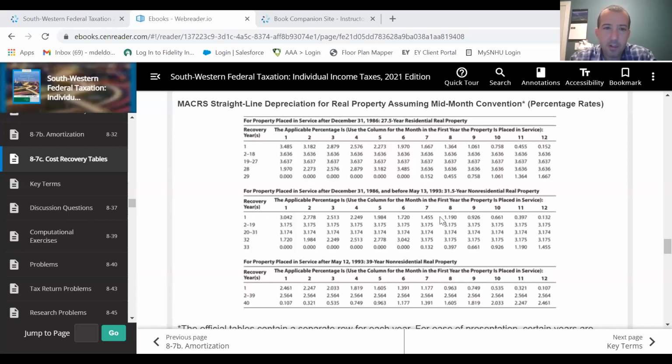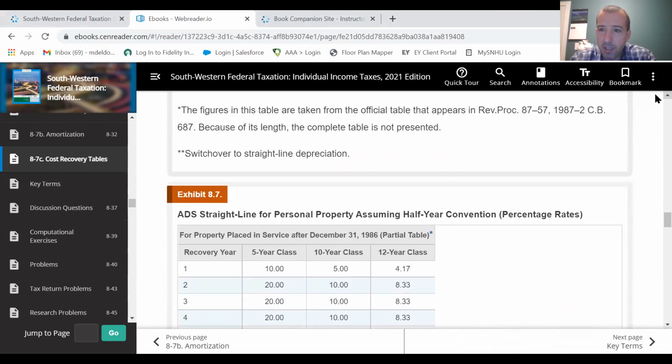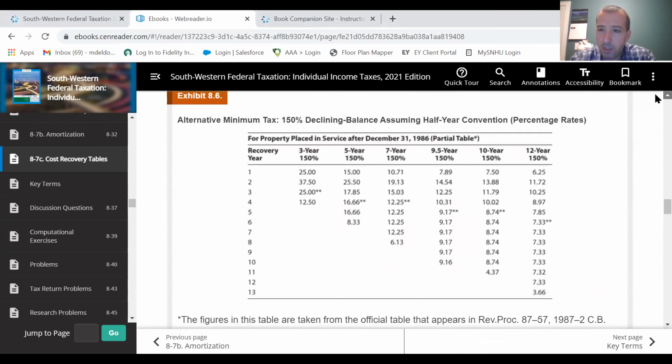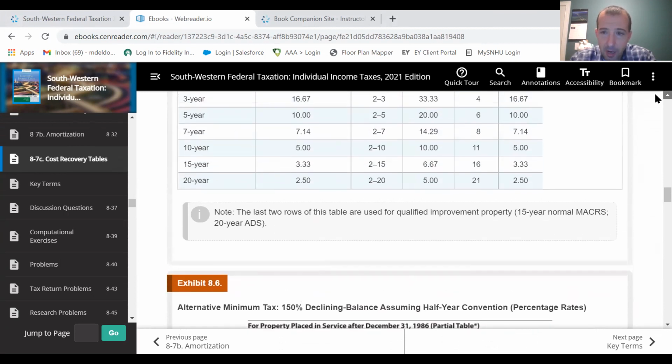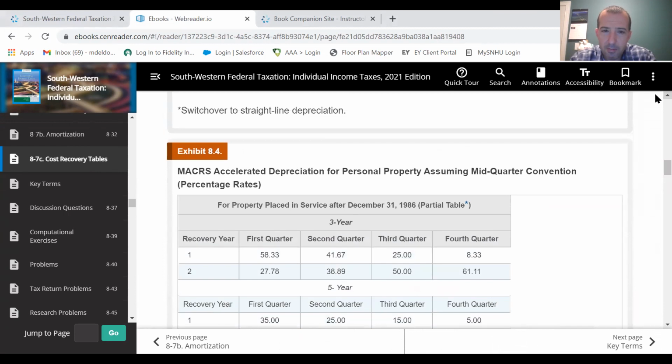All right. So these tables can be found in the textbook. In the back, there are exhibits on the modified accelerated cost recovery system tables, the MACRS tables. So let's go take a look.